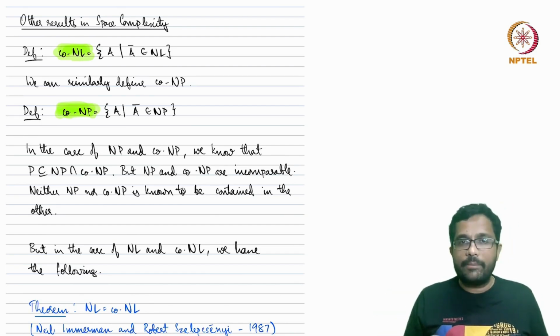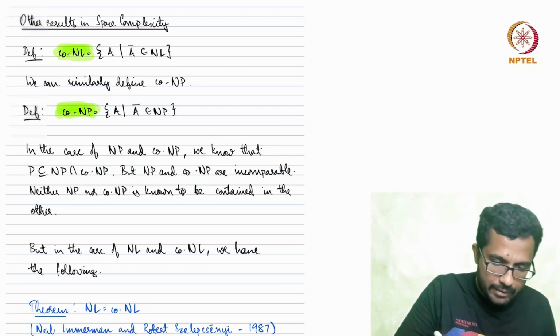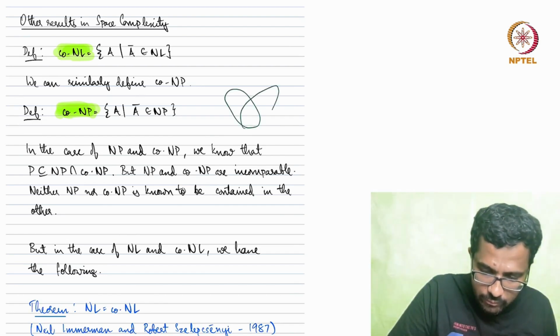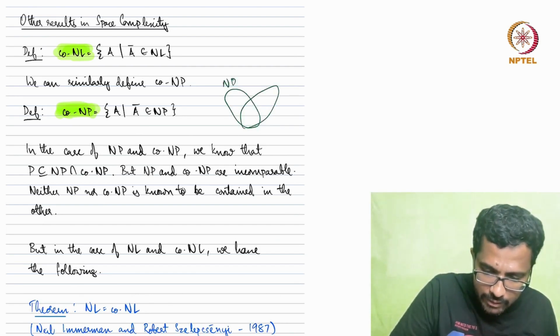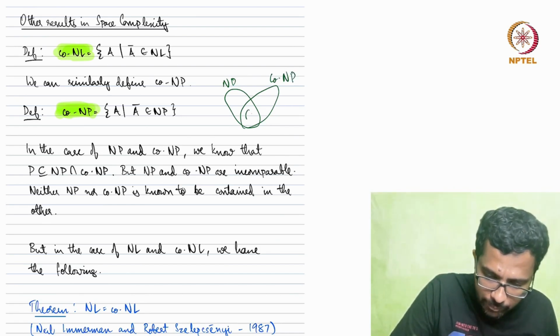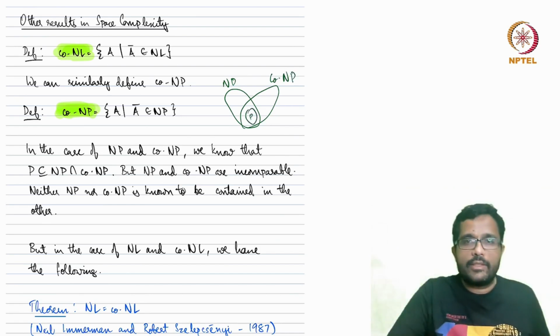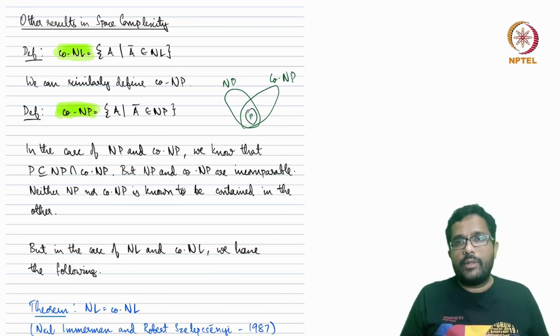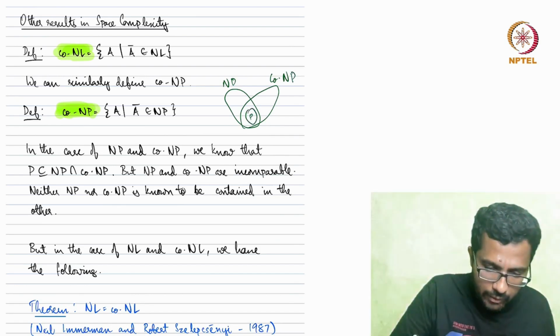Both of them contain P. So if this is NP, this is co-NP, we know that P is contained in the intersection of NP and co-NP, but we don't know any other relation between NP and co-NP.